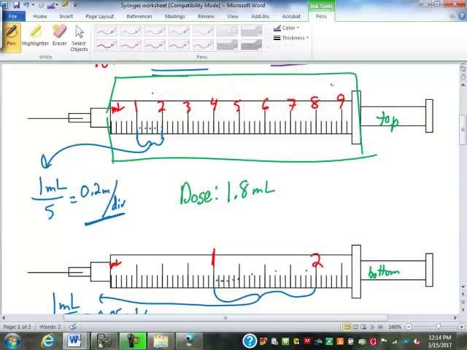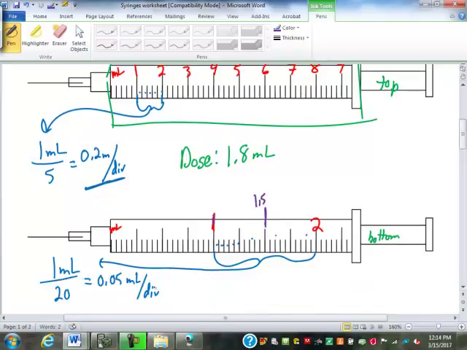Well, when we're measuring, there's always a slight error. On the bottom one here, let's find the 1.8. Here's the 1. Obviously, it's between the 1 and the 2. This is 1.5. And we said each marking is 0.05. So this is 1.55, 1.60, 1.65, 1.70, 1.75, 1.80 is going to be right there.